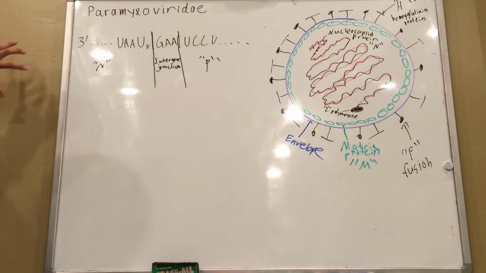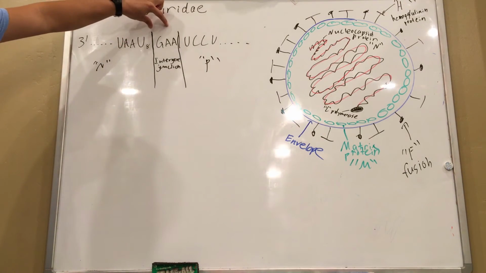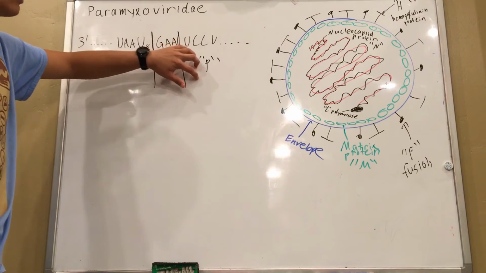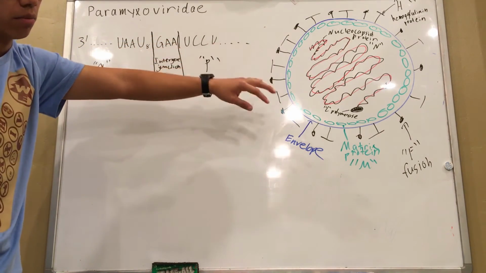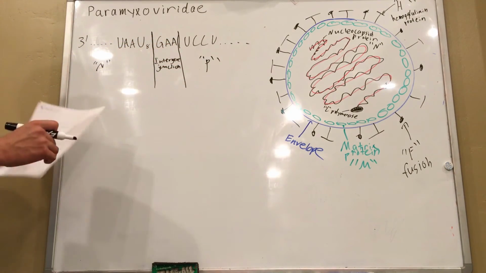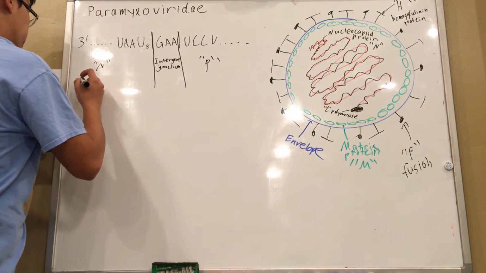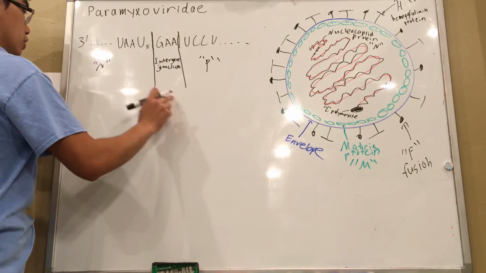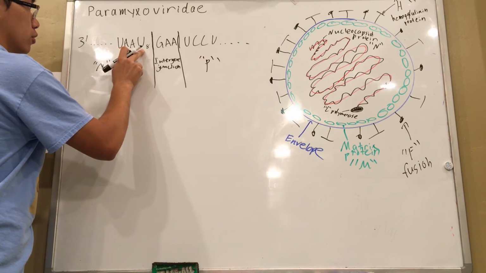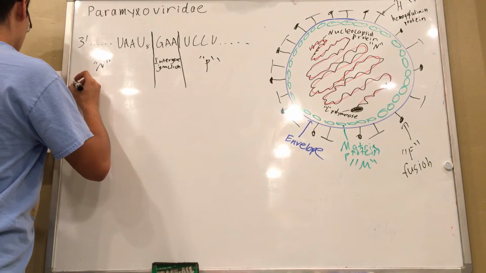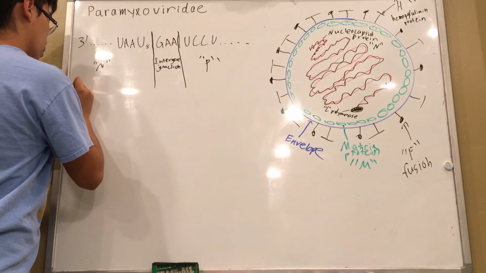So you see, this whole region is the N gene, and then you have this tiny intergenic junction, and the rest of this is the P, and then the M, and then the F, the H, and the L. Okay. So this is your genome. You see the poly U, U sub 8.